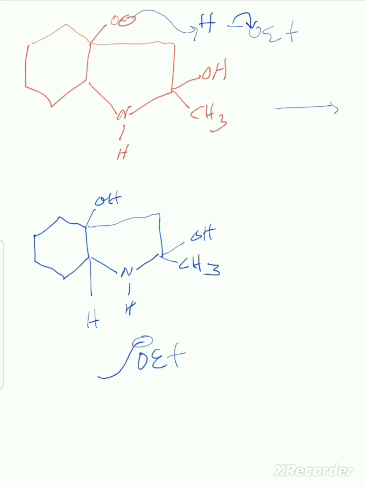So here it will come and grab this hydrogen. This bond will come and make a double bond or a pi bond there. What will happen to this? This one will go like this. You get? So all the electrons or the bond will break and all the electrons come to the oxygen. So there I'm going to show it like this.